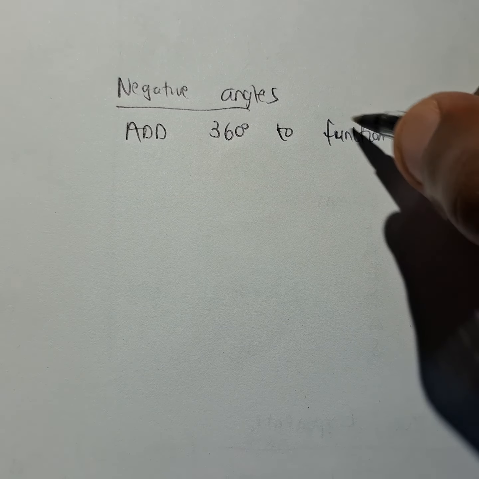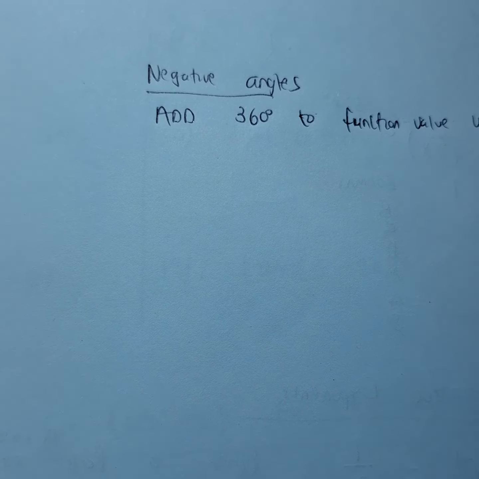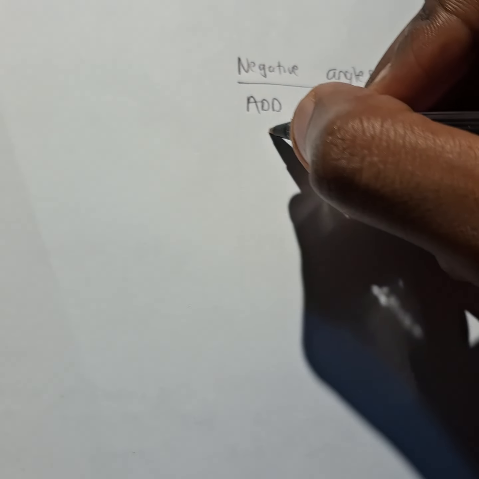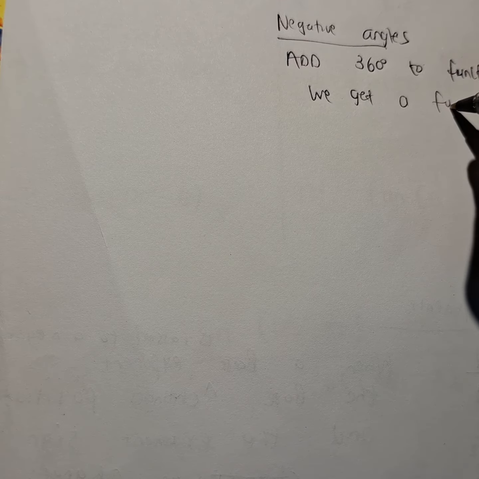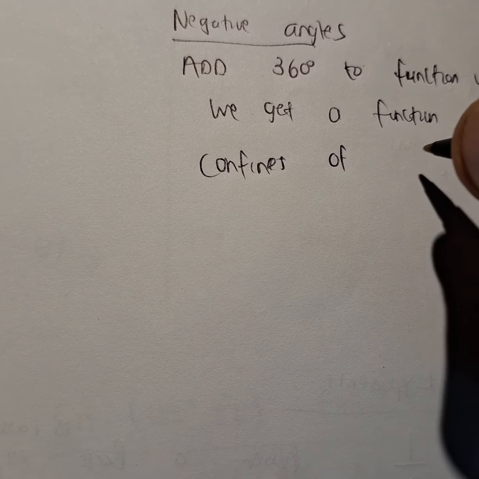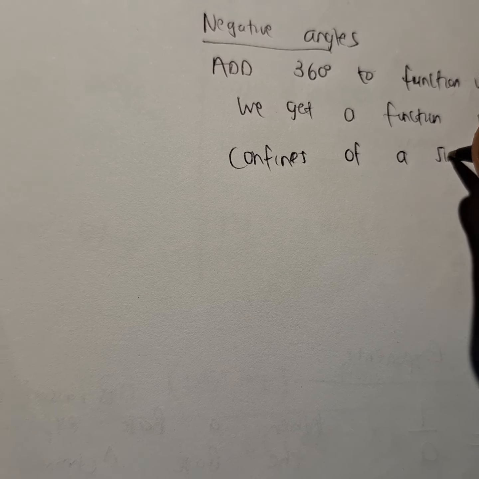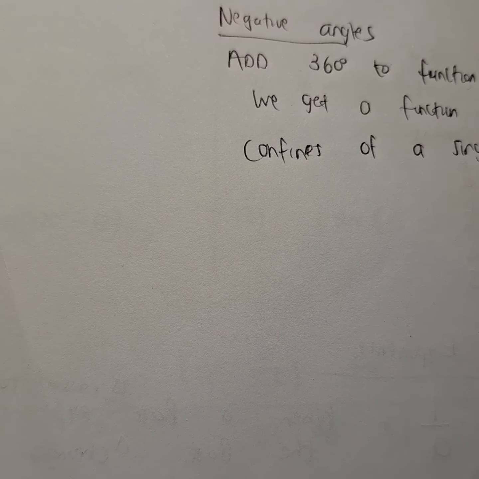We add 360 to the function value until we get a function value within the confines of a single revolution, meaning from 0 to 360.